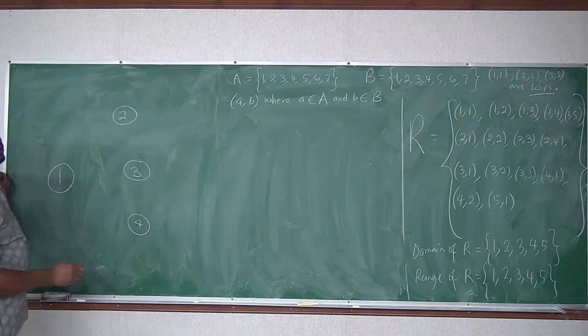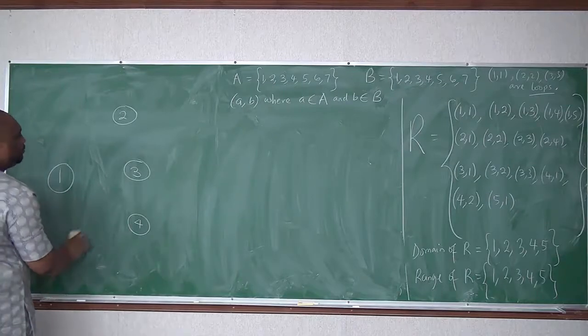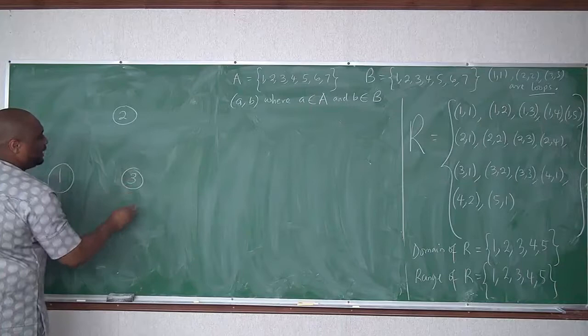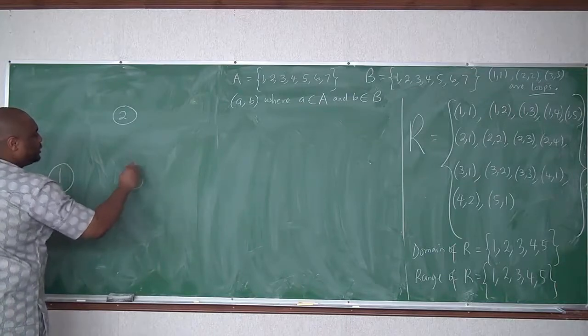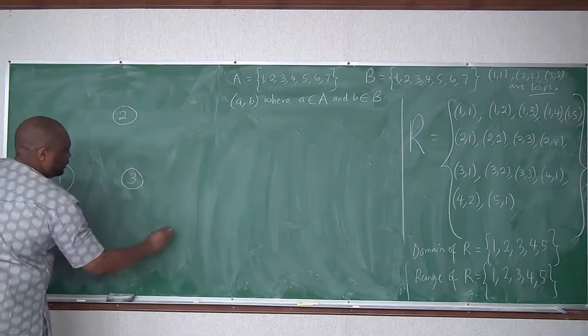Does 2 relate to 5? No. Okay. So let me push this here. I'll put 3 here, and then 2 relates to 4, but not to 5. So I can put my 4 around here.